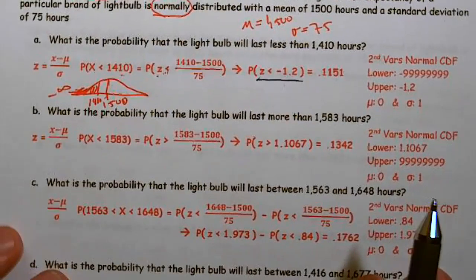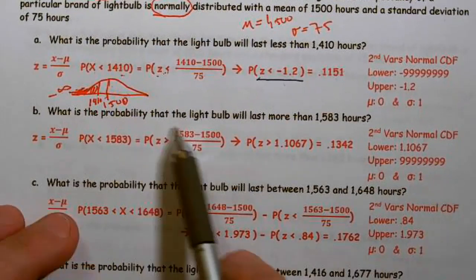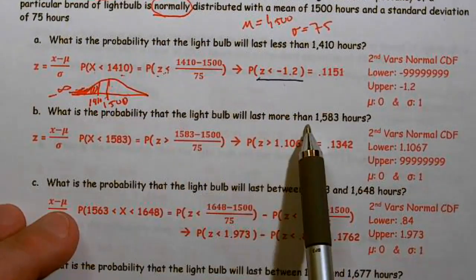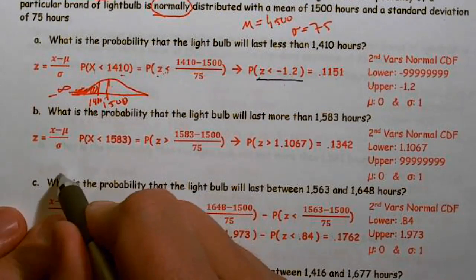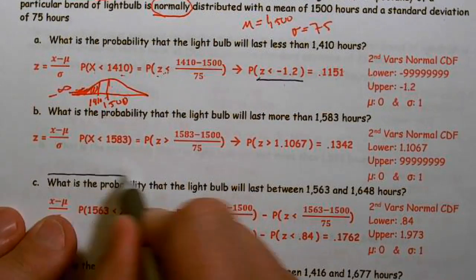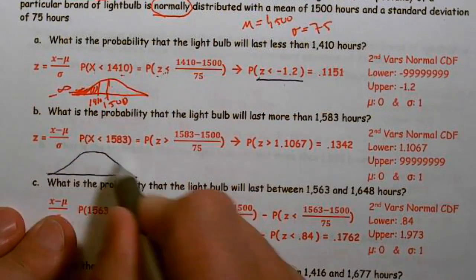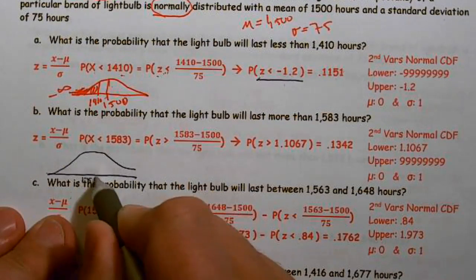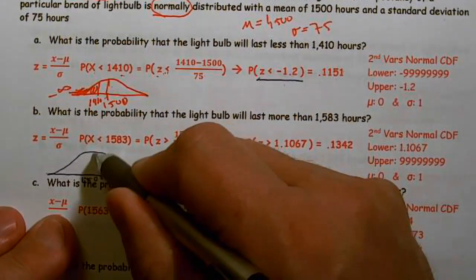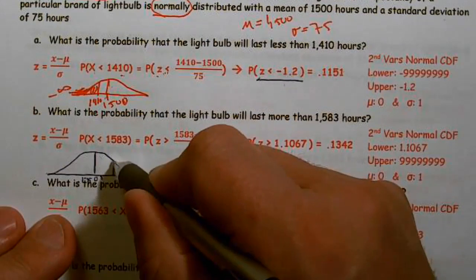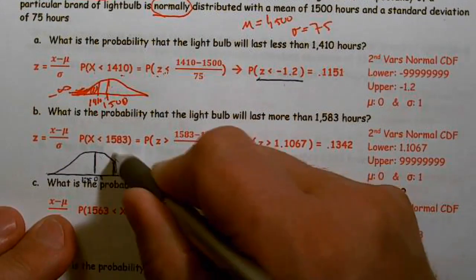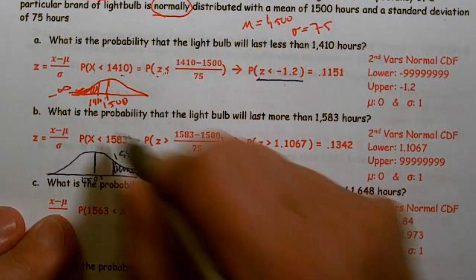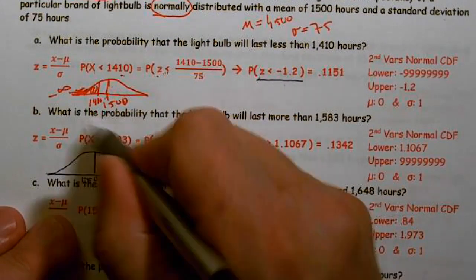The next one. What is the probability that the light bulb will last more than 1,583 hours? So if I draw my picture, our mean is here at 1,500, and we want 1,583 or more. By the way, this is facing the wrong way.